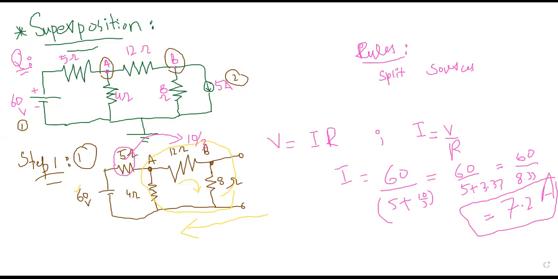Now what is the next step? The next step will be to find the value of voltage for my terminals, terminal A and B. So how to find this?